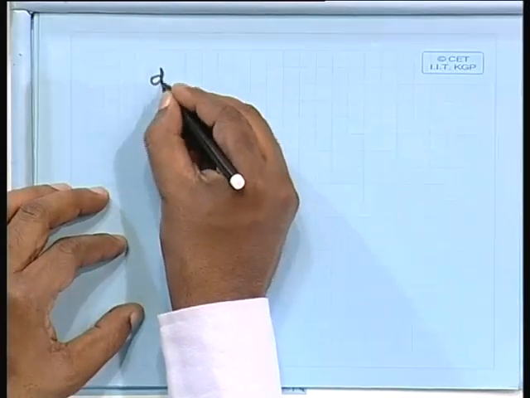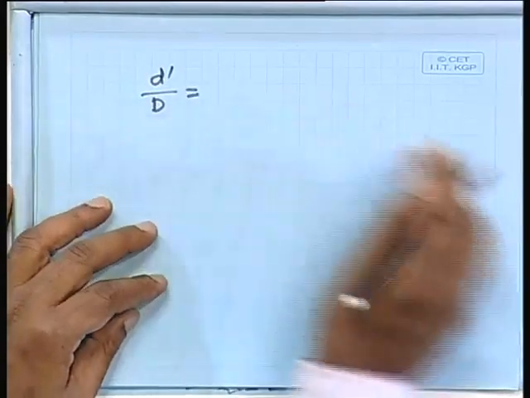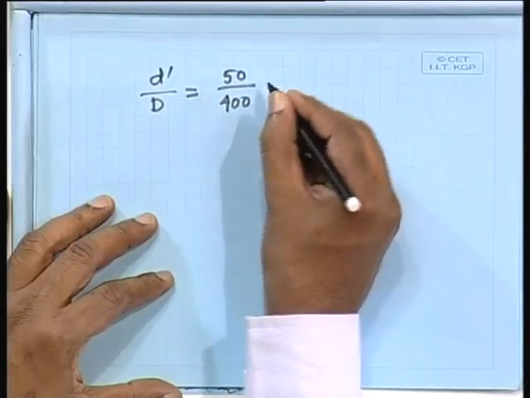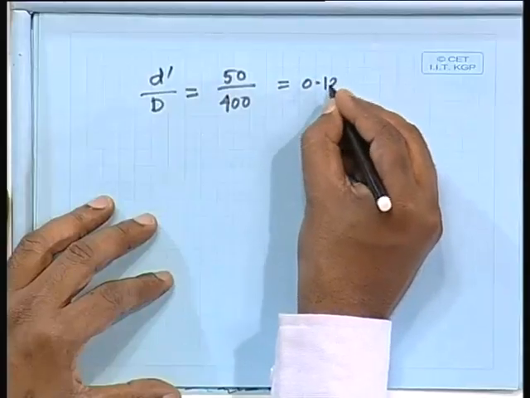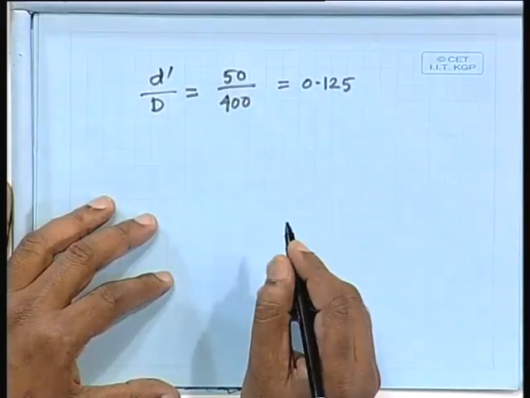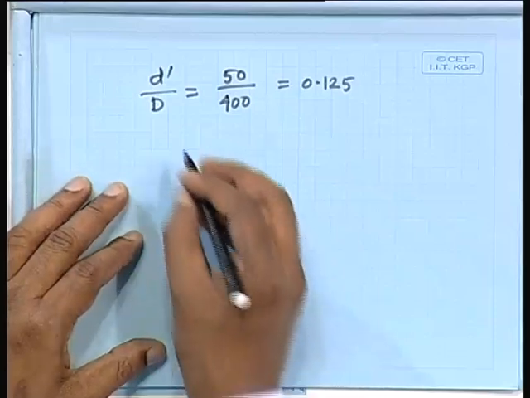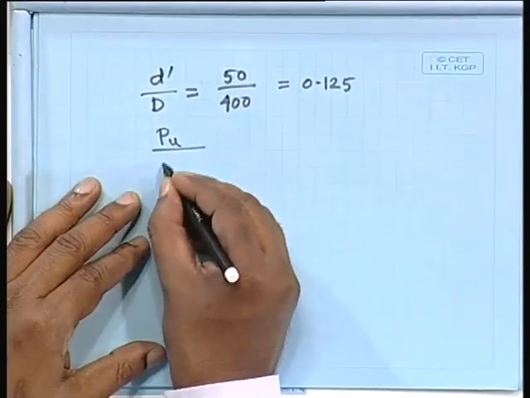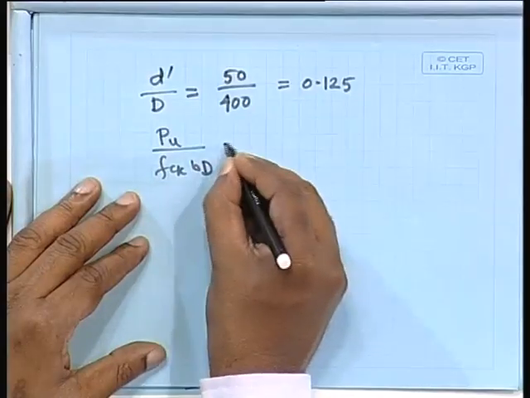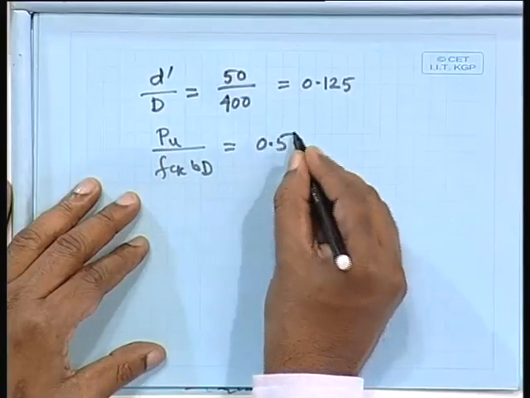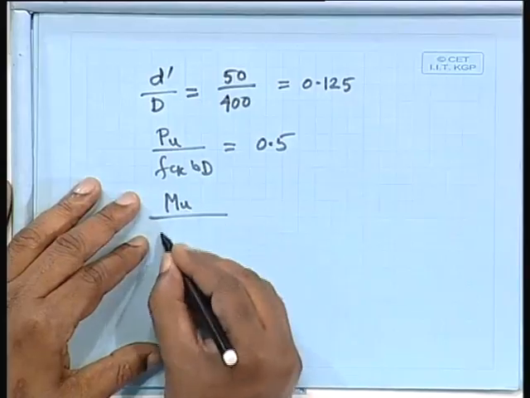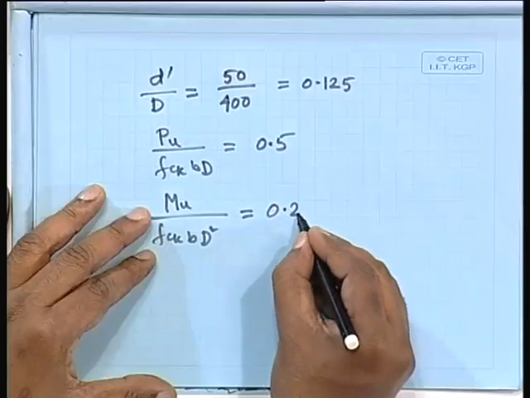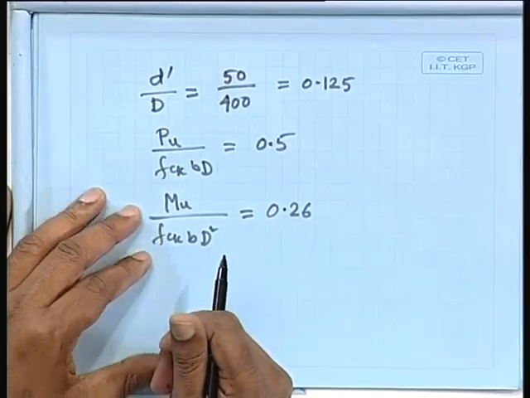So d dash by D equal to 50 by 400, and which comes as 0.125. Now, let us show what we have. We have d dash by D, then we have Pu by fck bD, which is equal to say 0.5 that we have computed, Mu by fck bD square, that also we have found, that is 0.2604 though we have computed.